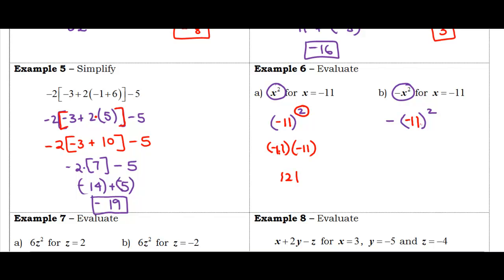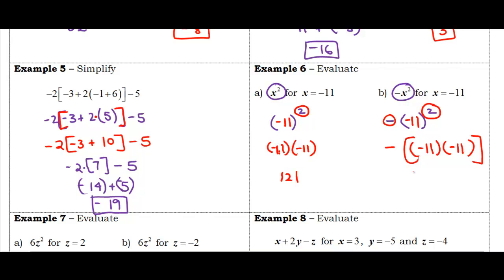No. Because does the negative on the outside ever see the negative on the inside? No, because I have to do the exponent first. So who do I write twice? Negative 11.